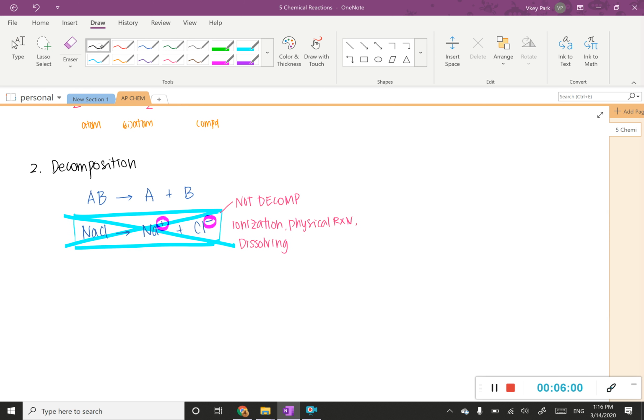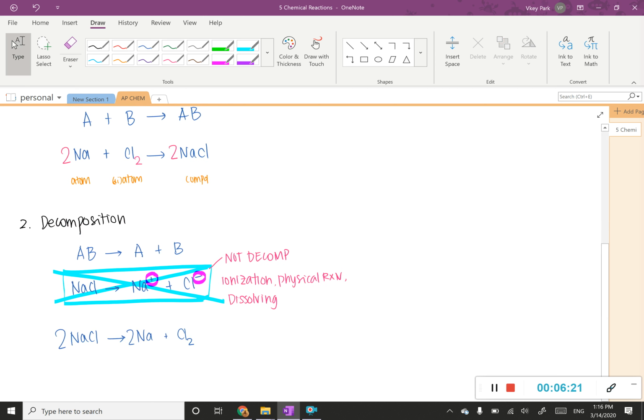Actually, not a chemical reaction, a physical reaction, okay? Cool. So then how do we decompose? NaCl will decompose into sodium atom, no charge, notice, and chlorine atom. But this is a diatomic molecule, so we have to put a 2 right there. Then we balance it, just like we did up there. Does this equation look exactly the same as the other one, but in opposite directions? Yes, that's all we're looking at.